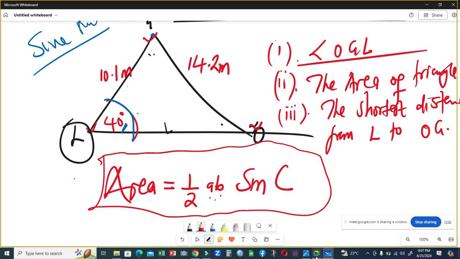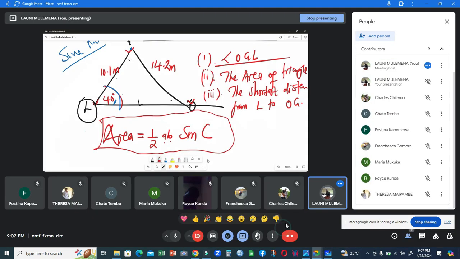That means instead of A, B, and C, we need to use the letters which are in the diagram. So now we are going to use the letters which are in the diagram.